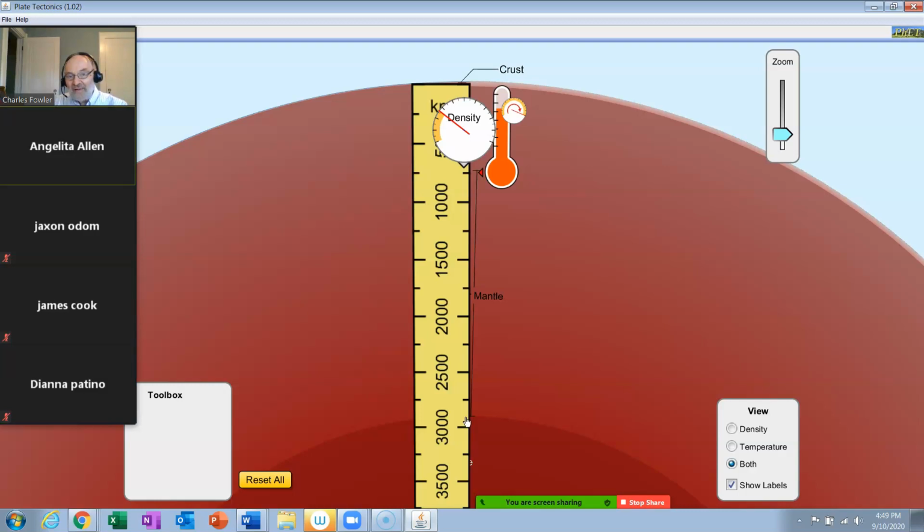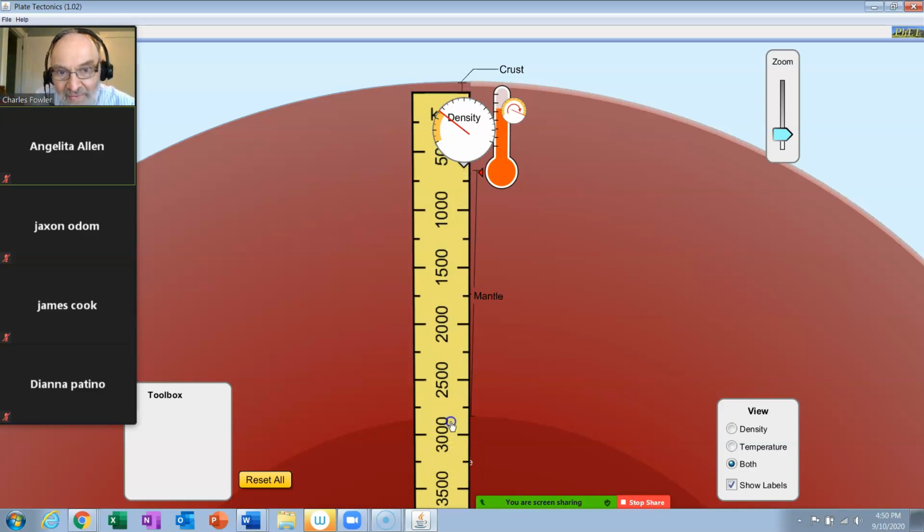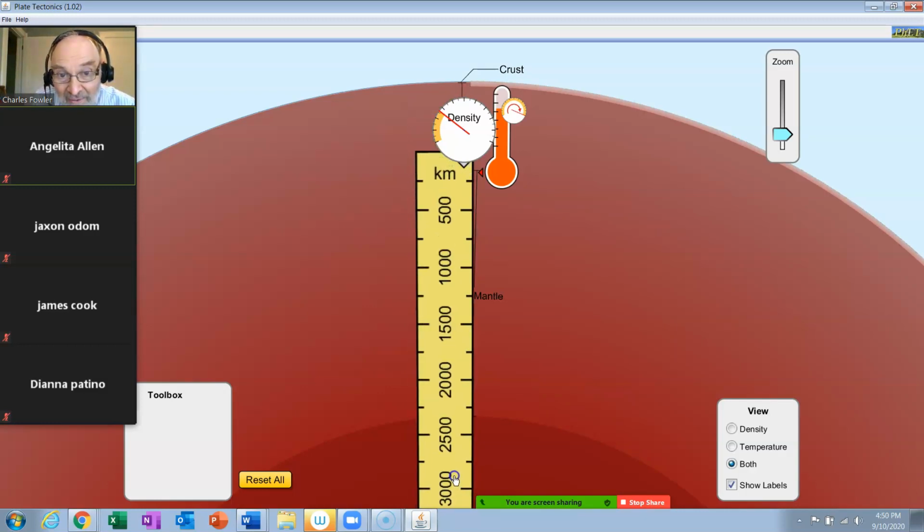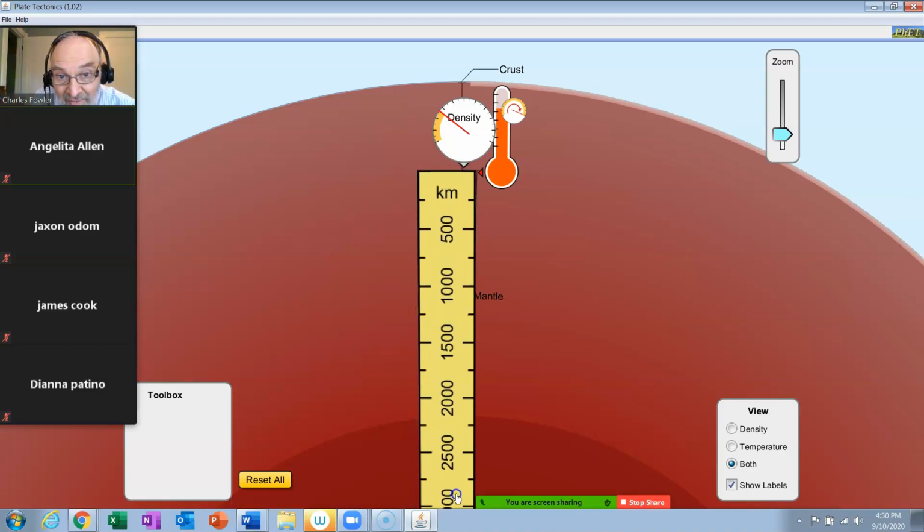Record the approximate thickness of the lower mantle. Lower mantle. I can do that. Okay, put your cursor on the thing and go from the lower mantle here to the outer core here, and that looks about 2,200, because this would be 2,250, so that would be about 2,200 kilometers.